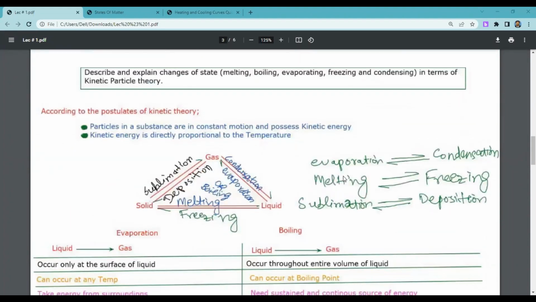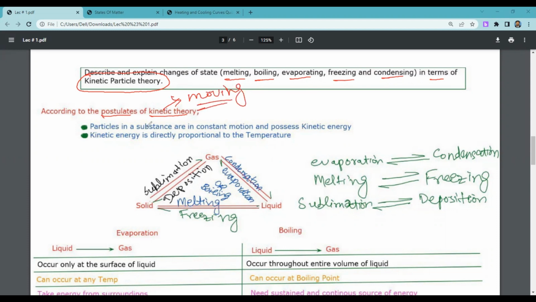Now we will move towards our next content. Next content is to describe and explain changes of state: melting, boiling, evaporating, freezing, and condensing in terms of kinetic particle theory. According to the postulates of kinetic theory, what is meant by kinetic? Kinetic is a Greek word which means moving.